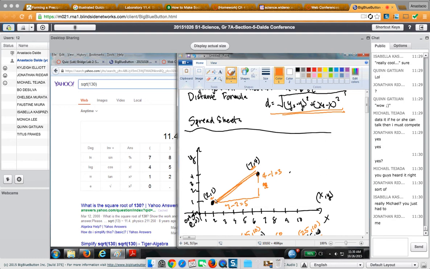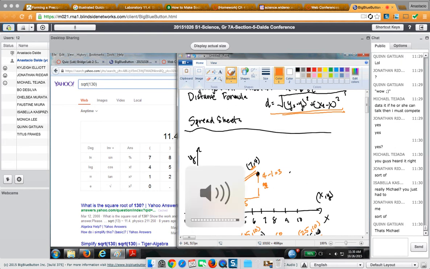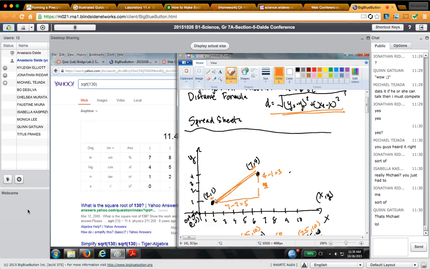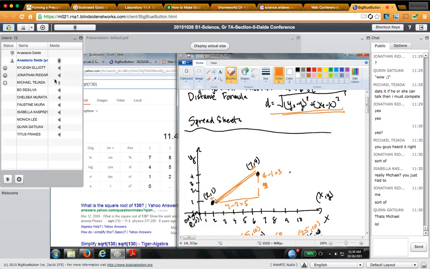Somebody's got their little voice thing on. I want to make sure you understand this. I want to be able to do the spreadsheet with you, and I think it's really cool. But you have to understand this math first. Okay, let's see. Type in your answer. Don't do the audio. Sorry, I'm going to turn your mic off.